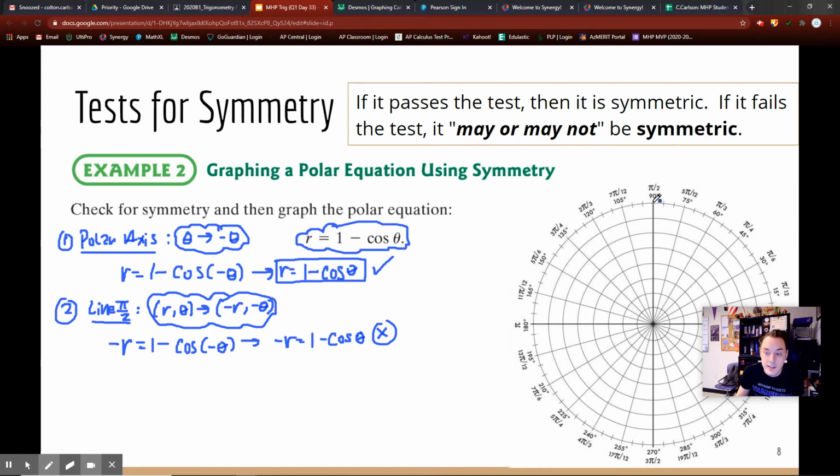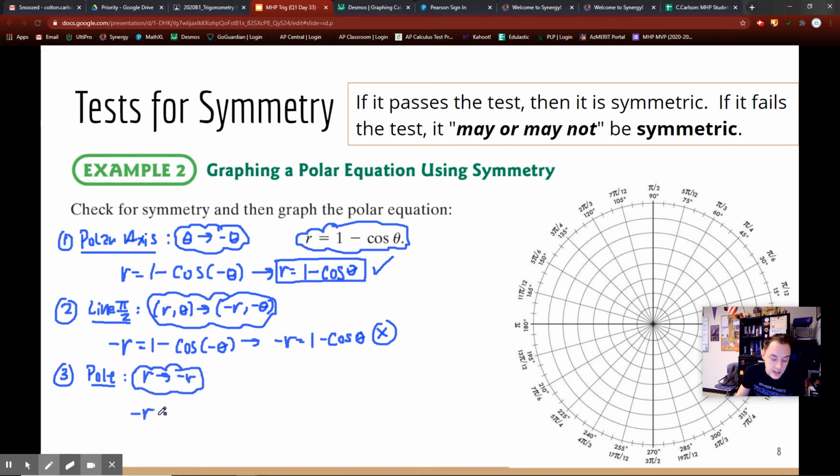Remember, the line is the pi over 2 line. The polar axis is the x-axis. Now let's check to see if it's symmetrical to the pole. The pole is like the identity line, the diagonal line. My test is r to negative r. Okay?